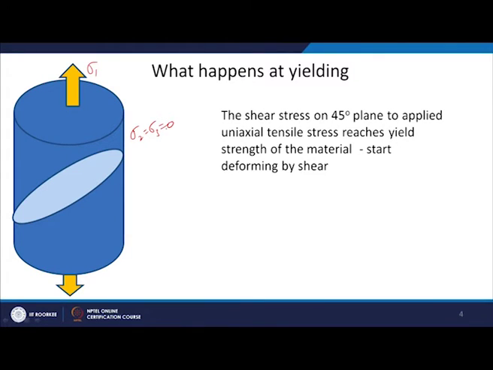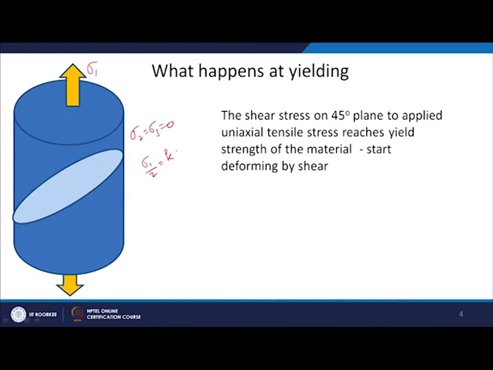Then yielding under shear should take place when sigma 1 by 2 is equal to k, the shear yield strength of the material.